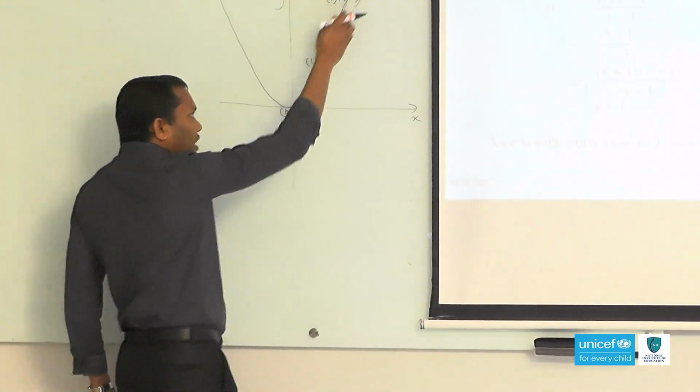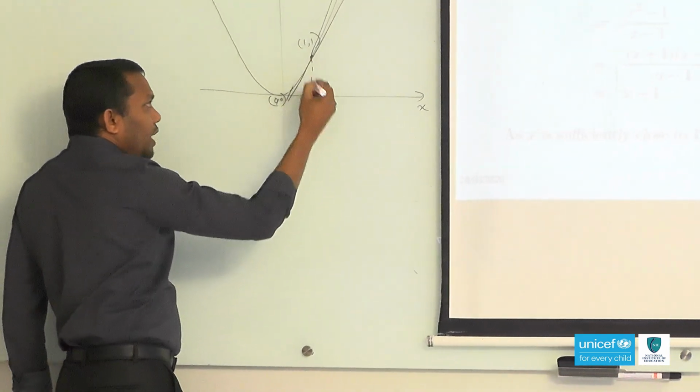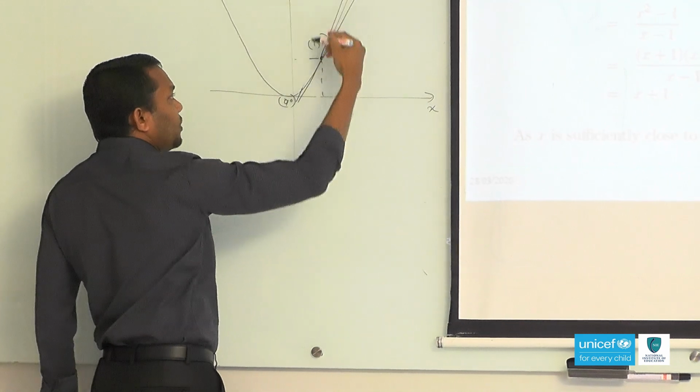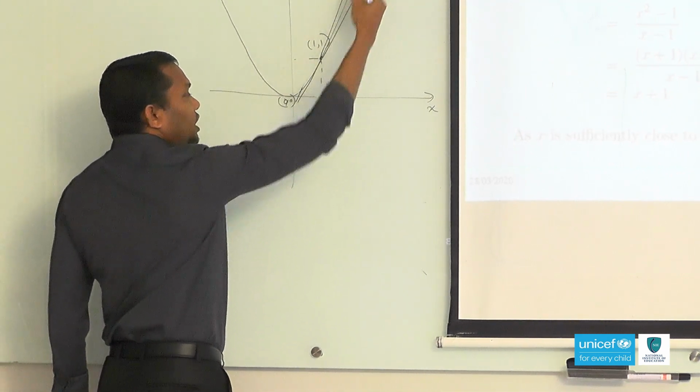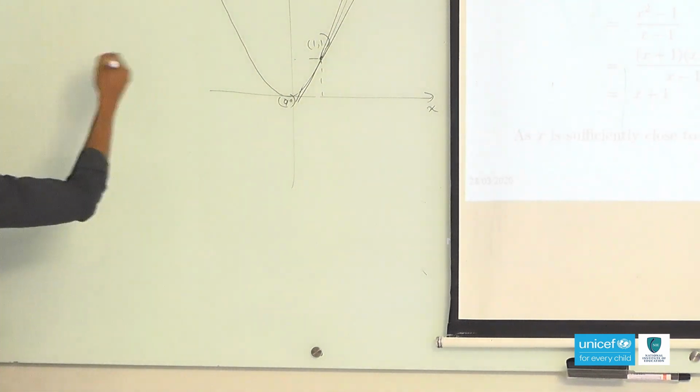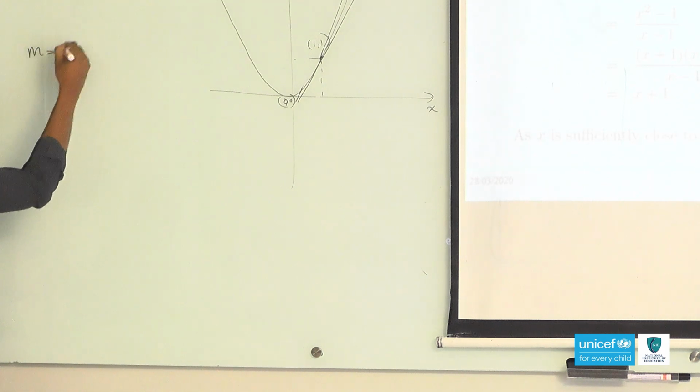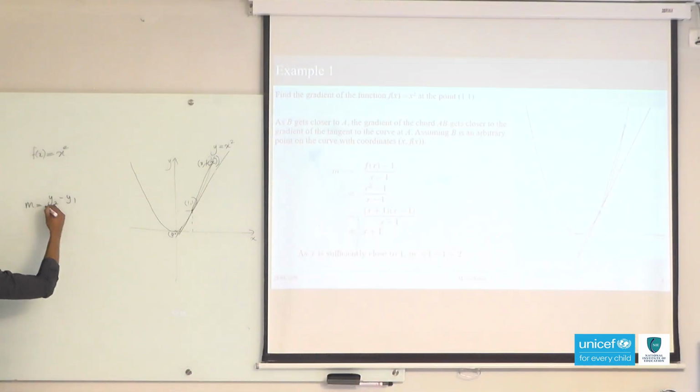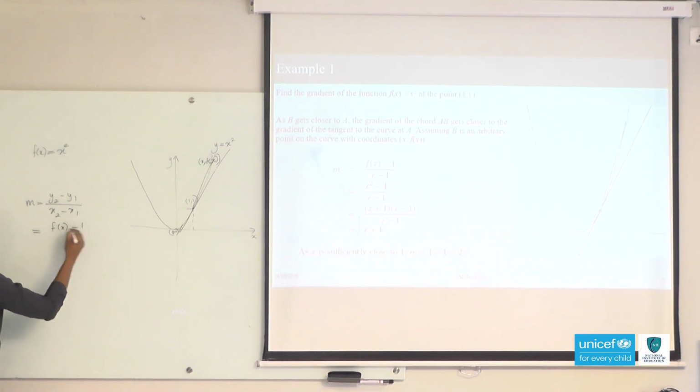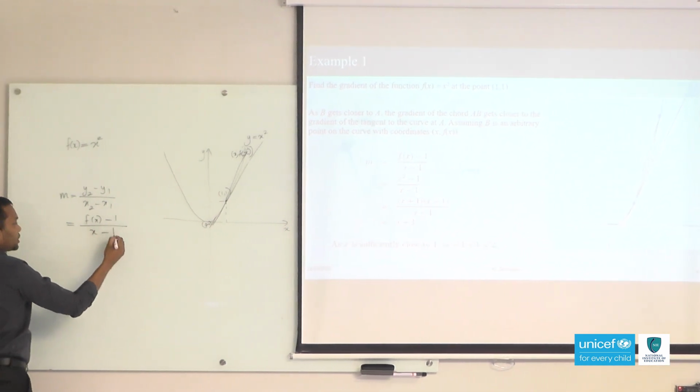In order to find the gradient of the curve at the point 1, 1, we can find the gradient of this chord using our simple formula m is equal to y2 minus y1 over x2 minus x1, which gives f of x minus 1 divided by x minus 1.